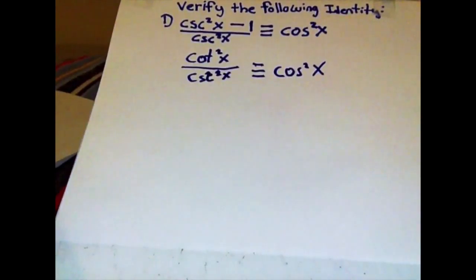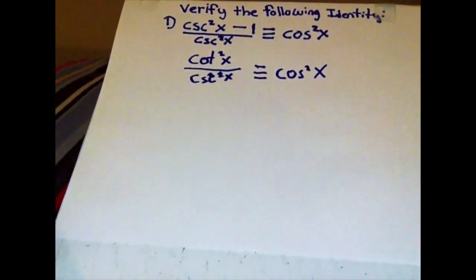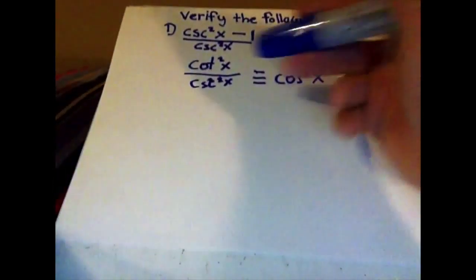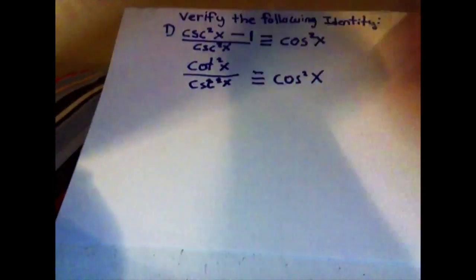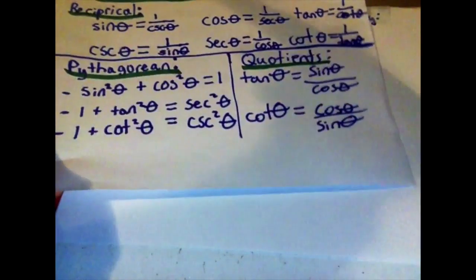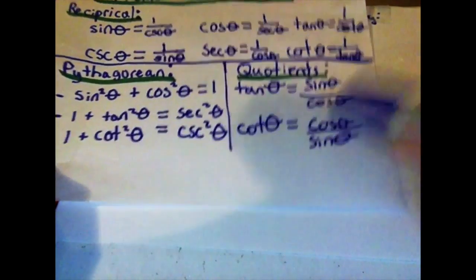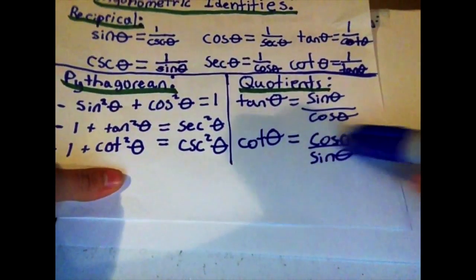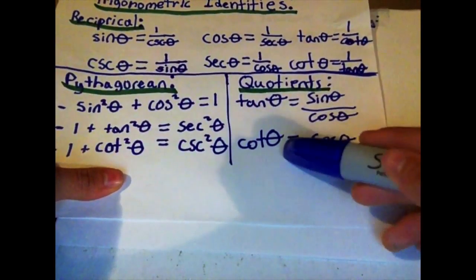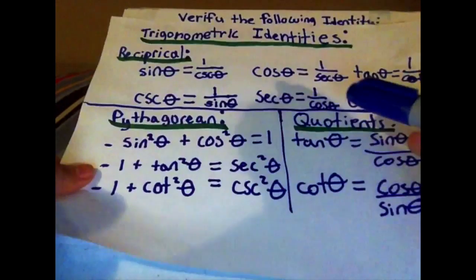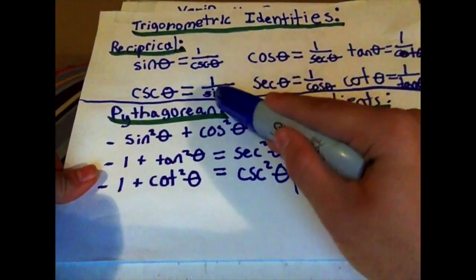Now, let's use the reciprocal identities and quotient identities to make this into only sines and cosines. So cotangent, can we make it into a cosine and sine? Yes. Cosine delta over sine delta is equal to cotangent. And the cosecant, we can change it into 1 over sine delta. So let's do that.